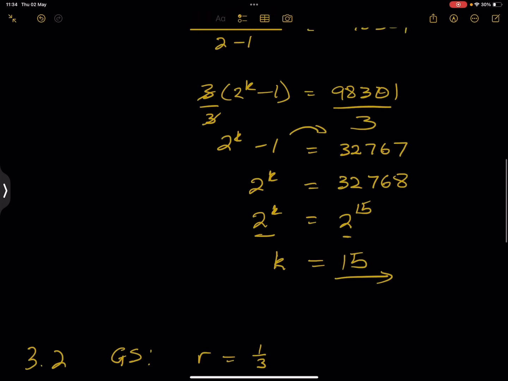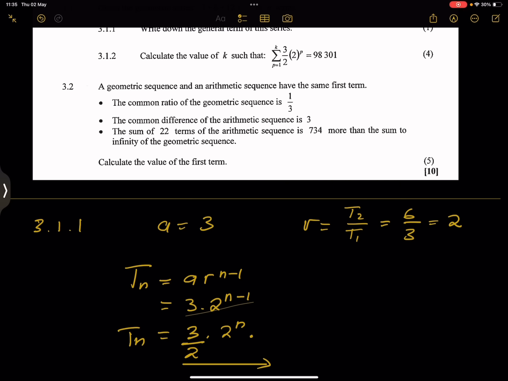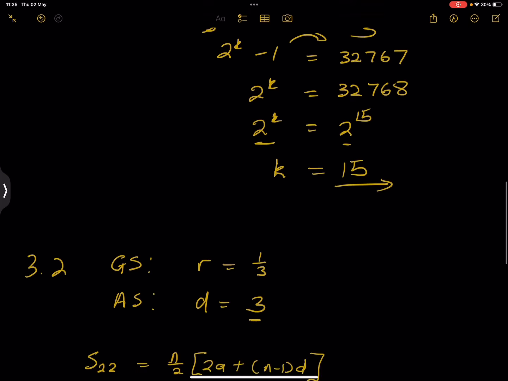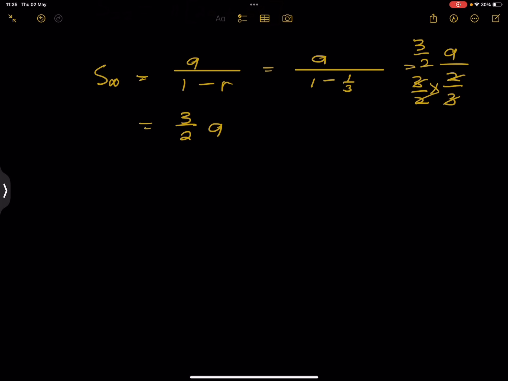Now remember, what did they say to us? They said the sum of the 22 terms of the arithmetic sequence is 734 more than the sum to infinity. Which means the sum to infinity plus 734 will give us the sum of the 22 terms. Let me not confuse you too much.